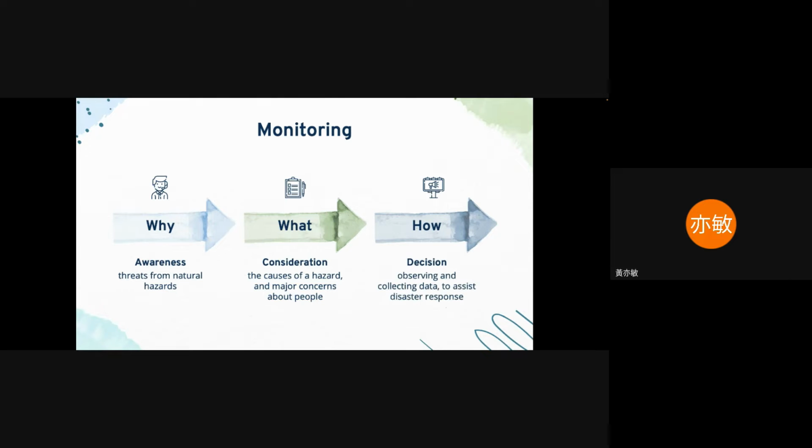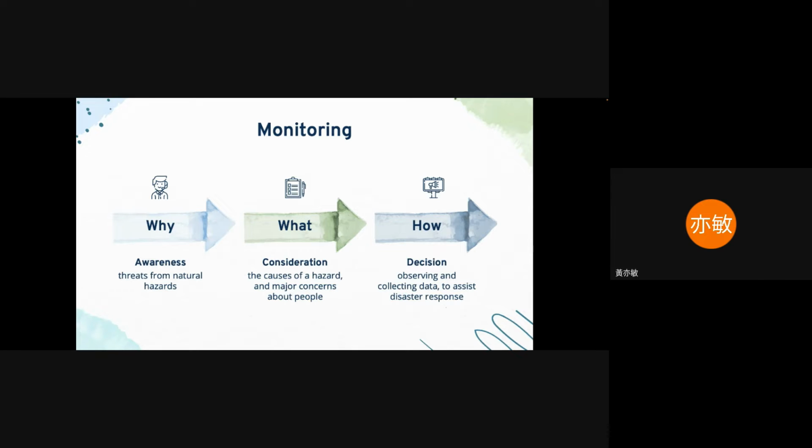The major reason we want to know about the disaster is because we usually need to make a decision, especially for the people living in a dangerous area, and especially for those governments that handle the safety of the people. So to make a decision, we need to collect useful information from the site.